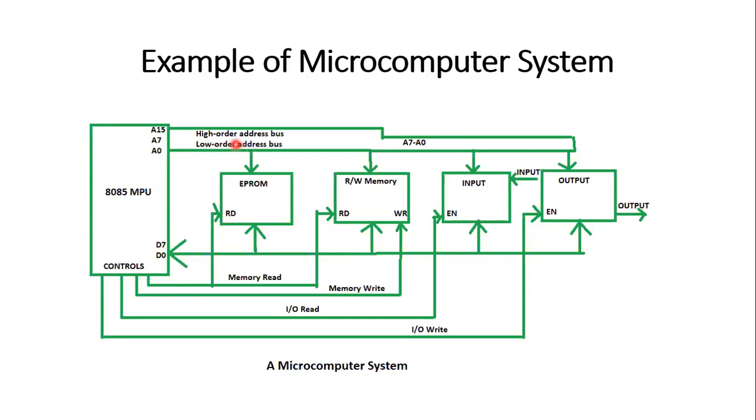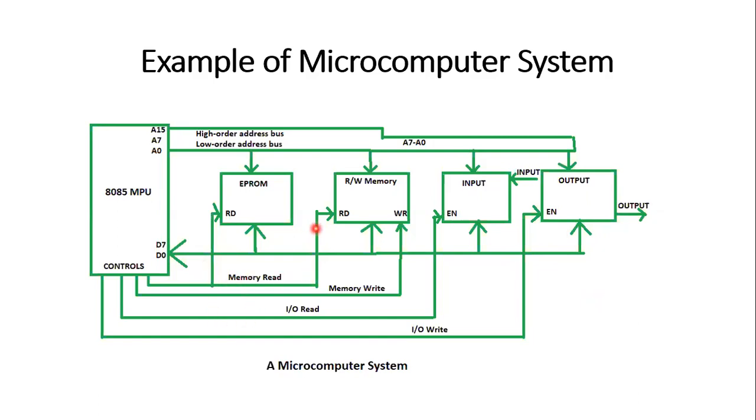Okay, this low order bus is used to identify the input and output, and the data bus D0 to D7 is bidirectional. So it is bidirectional and common to all the devices, and the four control signals generated by the MPU are connected to different peripheral devices.